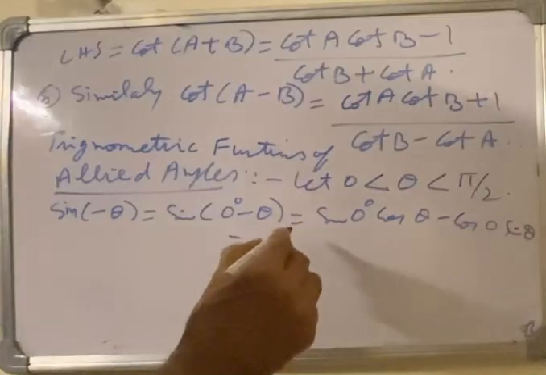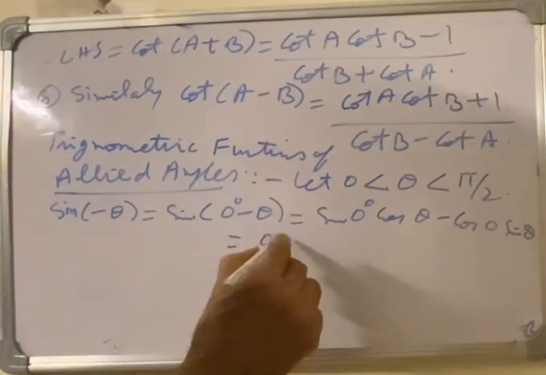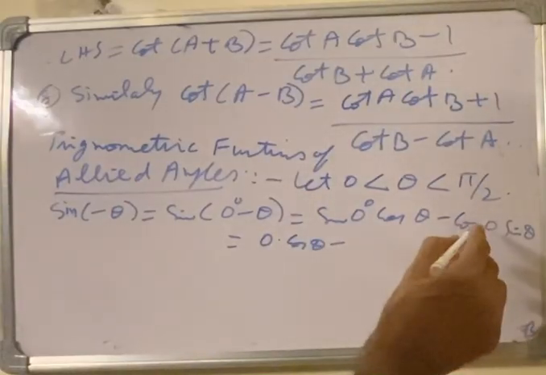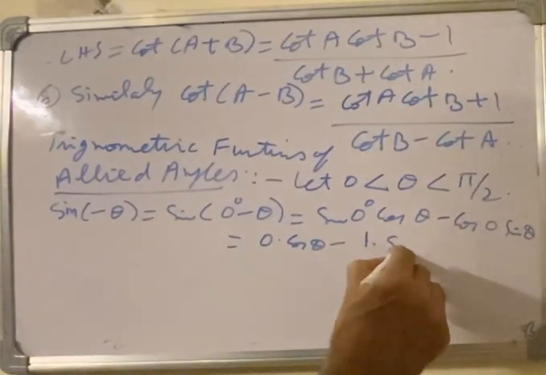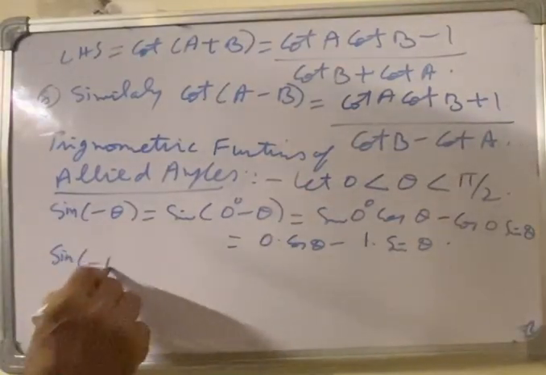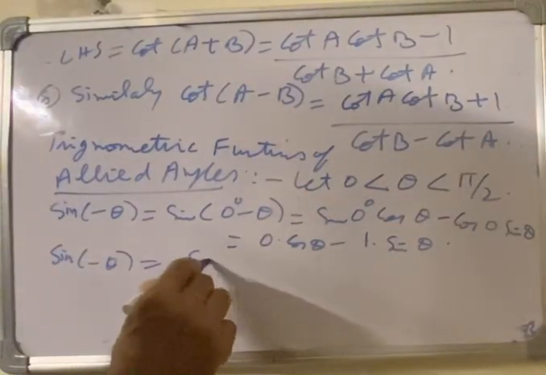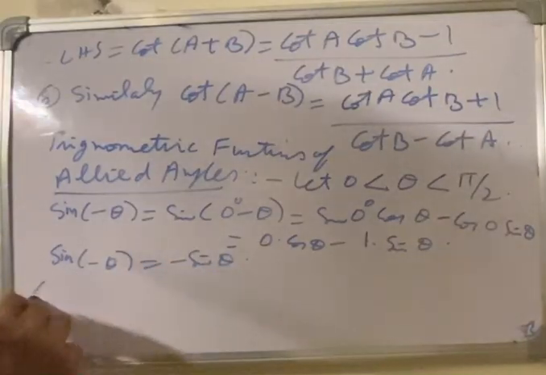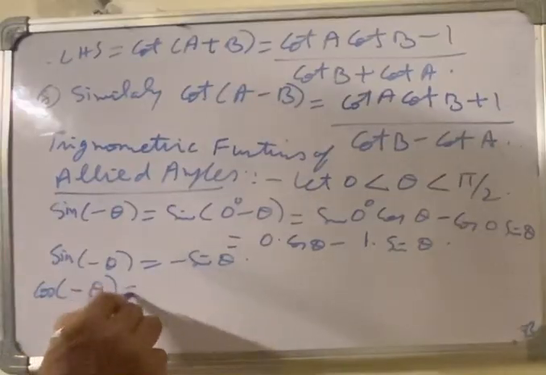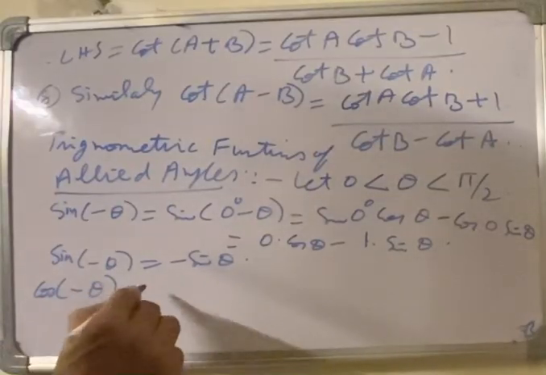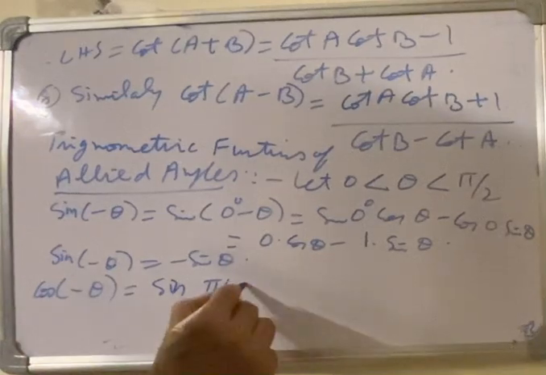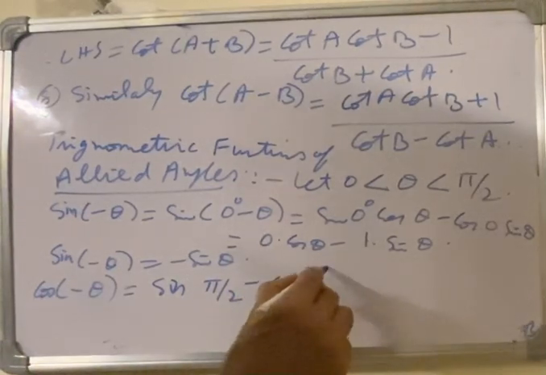Sine 0 is 0 into cos theta minus cos 0 is 1 into sine theta. Therefore, sine minus theta is minus sine theta. Similarly, we take cos minus theta is equal to sine pi by 2 minus minus theta.